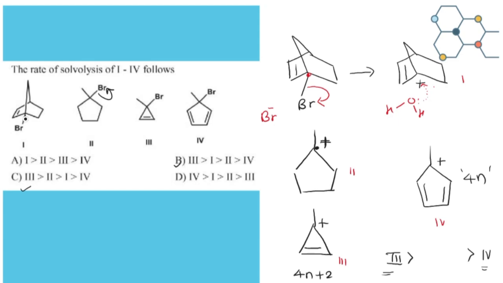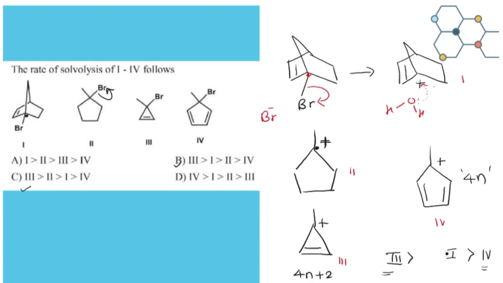So it has some rigidity over here. That means the carbocation cannot be planar. Whenever the carbocation is there, it is sp2 hybridized. If it is sp2 hybridized, it is supposed to be planar. But here it cannot be planar due to the rigid structure, which is making it less stable.